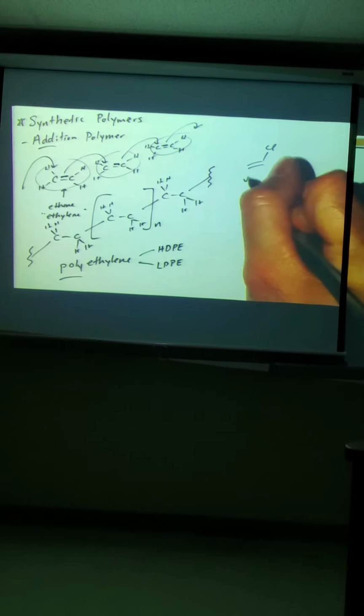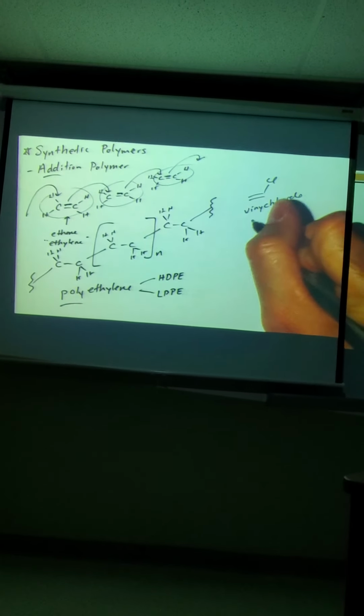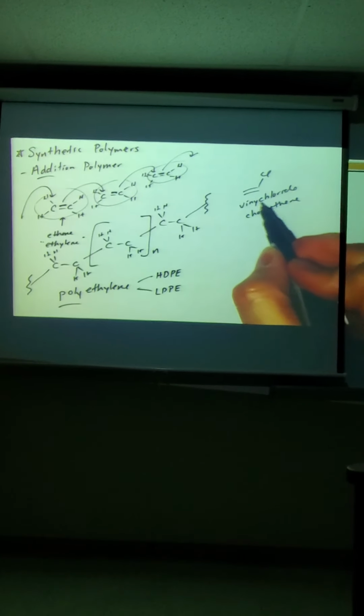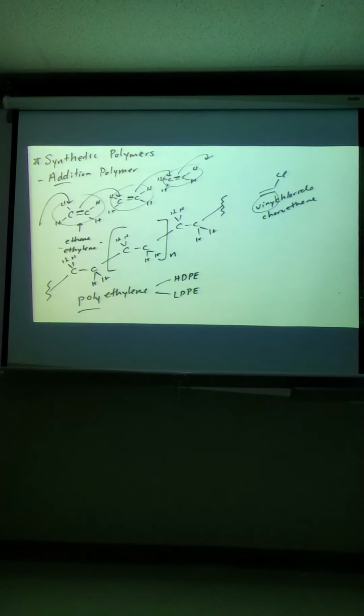If we were to use this one instead, 2 carbons with the chlorine, this is called vinyl chloride, or chloroethene would be its IUPAC name. So this vinyl group kind of gives it away. We'll make the polymer vinyl, just replacing one of these hydrogens with the chlorine.